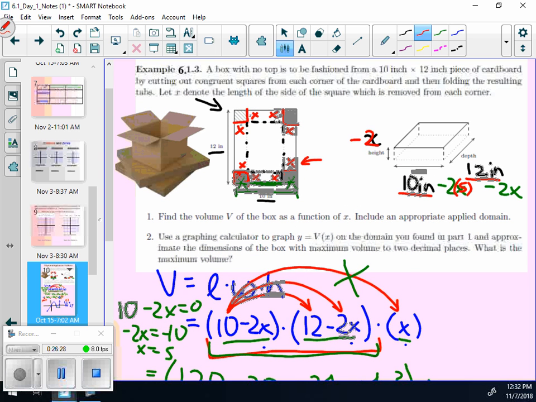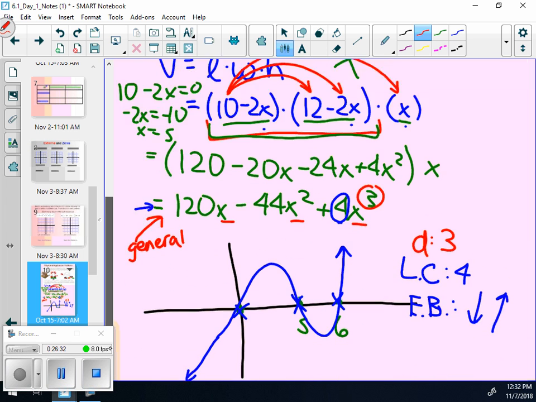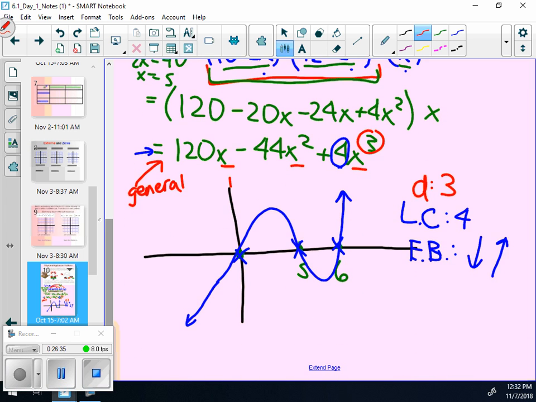Let's say I have -2. I don't think you can have a negative height. So that means that in actuality, for our problem, because it's a real life problem, you have some kind of domain restrictions on your box. Which means that your domain is in between 0 and 5.